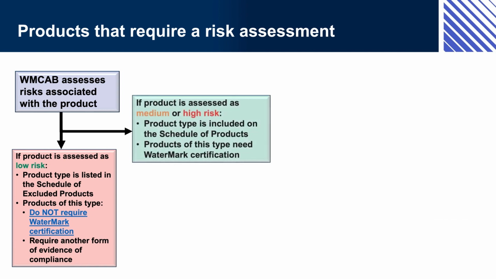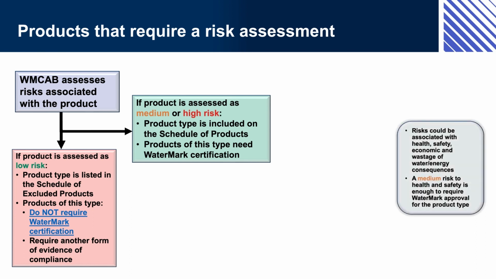If a product is assessed as medium or high risk, the product type is included on the Schedule of Products. Products of this type need WaterMark certification. Risk could be associated with health, safety, economic and wastage of water, energy consequences. A medium risk to health and safety is enough to require WaterMark approval for the product type.